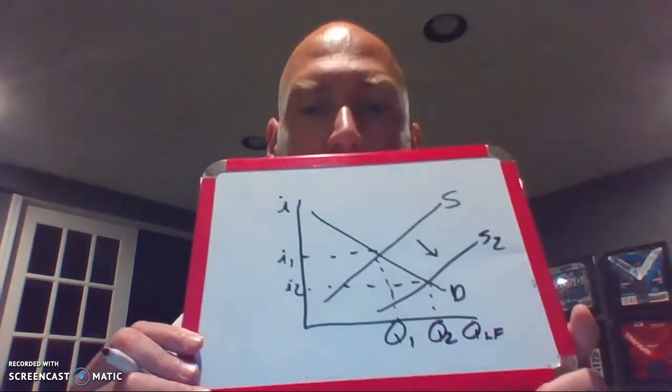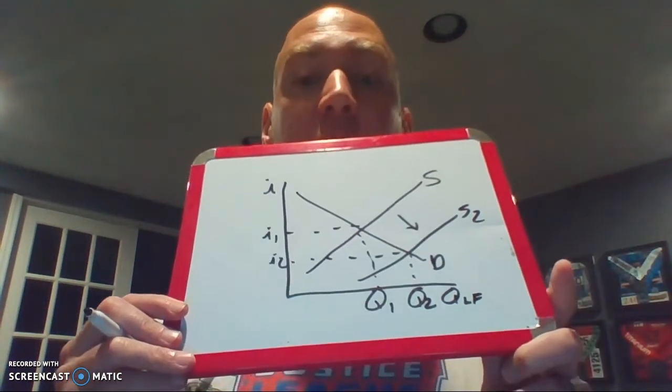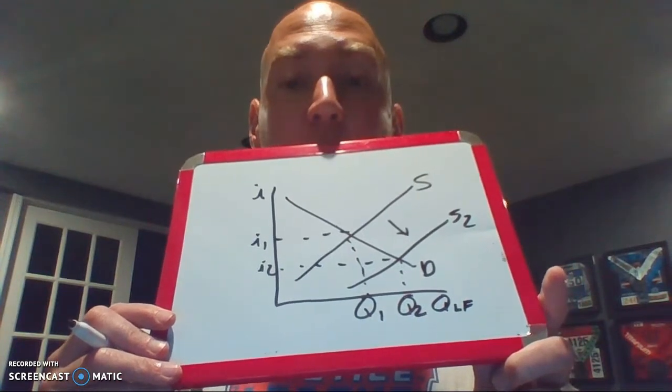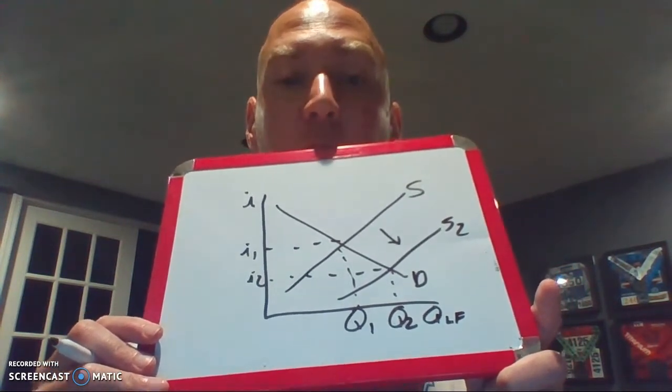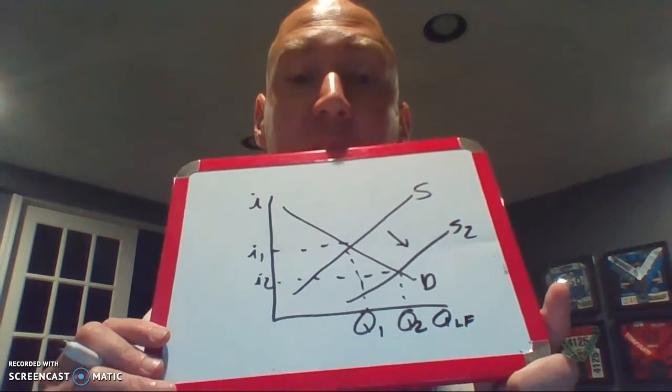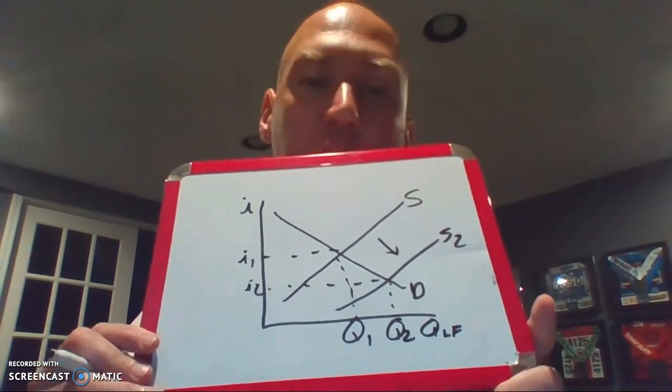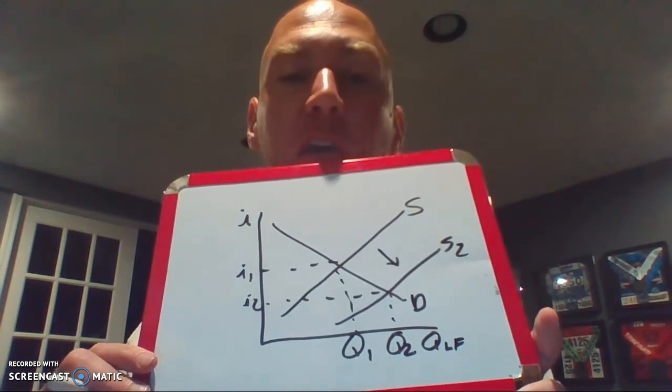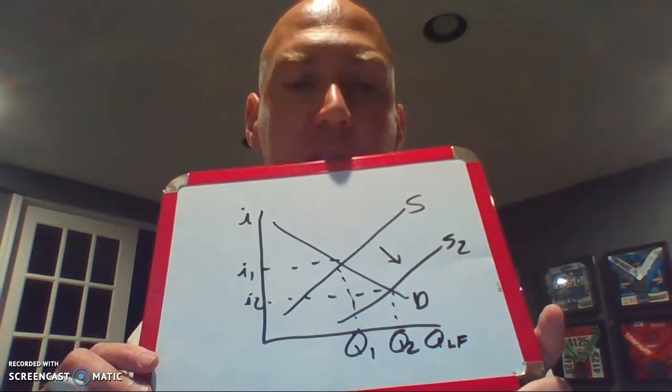Well, doing so, people would say, hey, we should put our money in savings accounts. This would increase the supply of loanable funds. Okay. So if we increase the supply of loanable funds because people want to put more money in the bank, people want to save more, this would decrease interest rates and the whole chain reaction. Decreased interest rates would increase investment and so on and so forth.